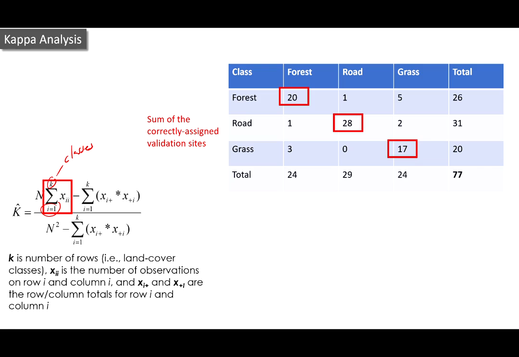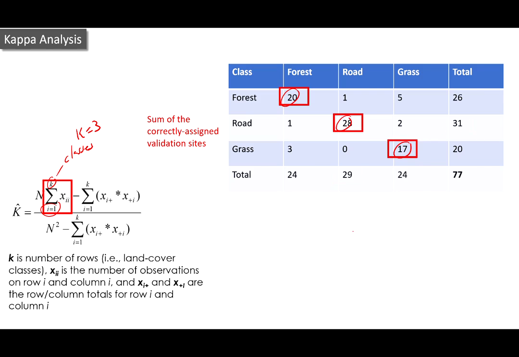So this is your observed accuracy. In this case, k equals 3 because we only have forest, road, and grass. And so we are just adding together the things we did correctly: 20, 28, and 17.